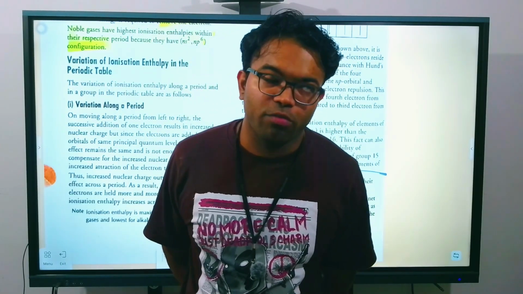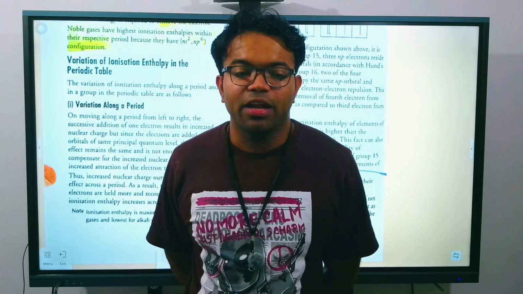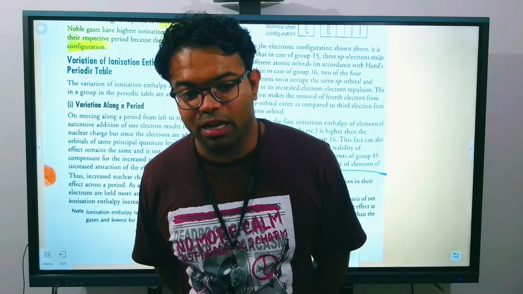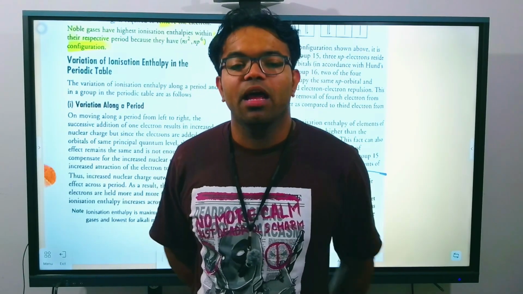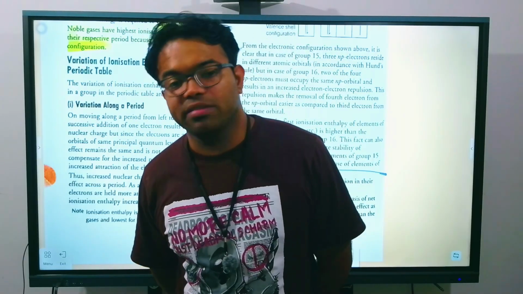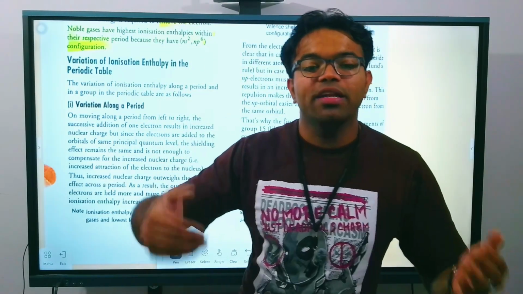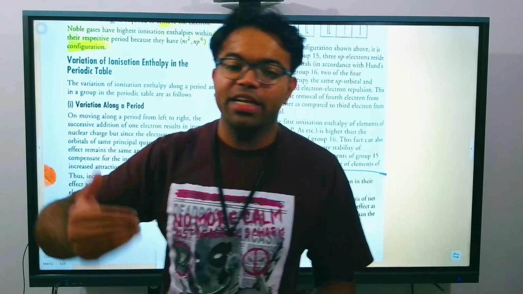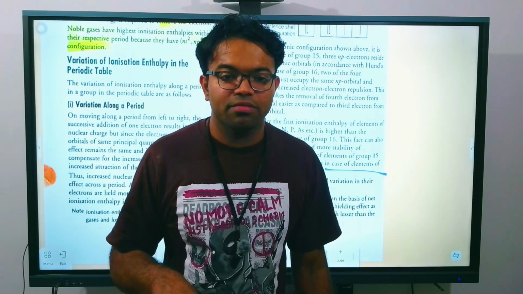But when we are going from group 15 to group 16, we are trying to destroy the stability in group 15. That is why it has a higher ionization enthalpy. In group 16, the atom is actually becoming stable by becoming ns2 np3 by losing one electron. So one is gaining stability, one is losing stability. That is why the ionization enthalpy of 15 is higher than 16. I hope you understood this now.